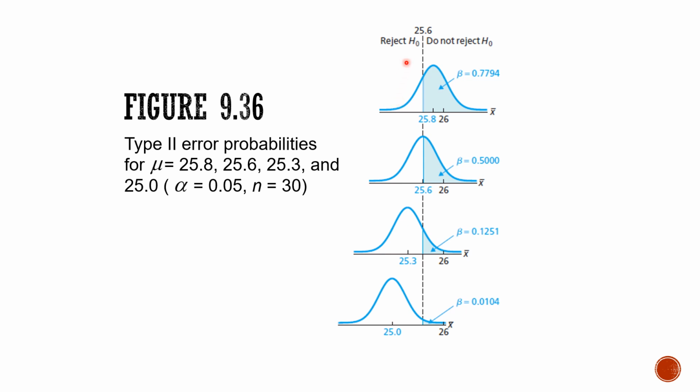And as you can see, the reject region still stays to the left. It's a left tail test. Reject region still stays to the left, but as we keep changing our alternate mean values, the reject region is becoming broader and broader, and beta is becoming smaller and smaller.